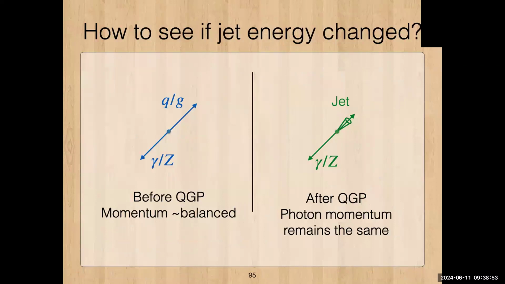We can also go one step further to determine if they actually lose energy or if they just disappear. To do this, we look at photon-jet or Z-jet events. Before the quark-gluon plasma, the momentum will be roughly balanced. Afterwards, the photon part doesn't matter because it's electroweak, but the jet part will get modified. If we look at the momentum ratio between the jet and the photon or Z, we can establish whether the energy is lost or if they just disappear.